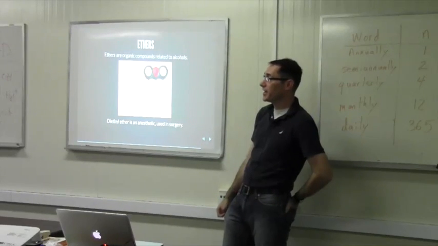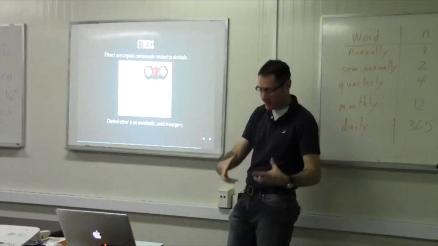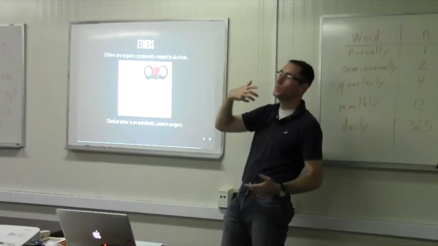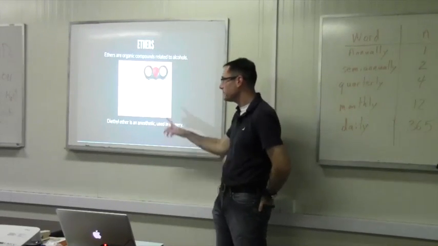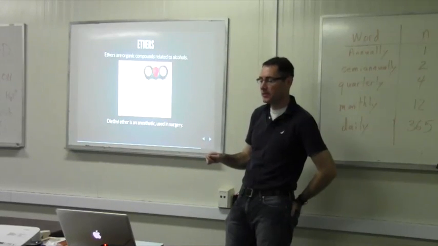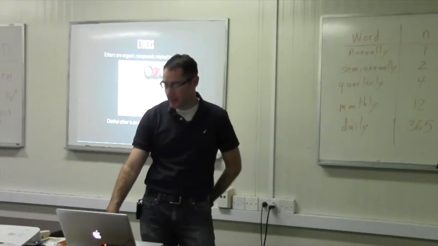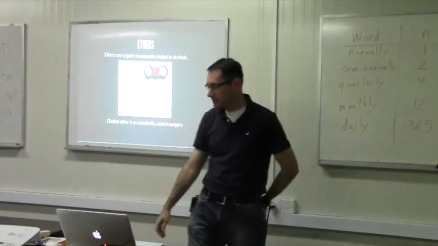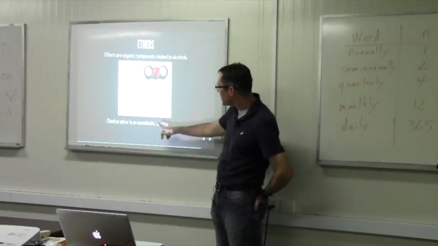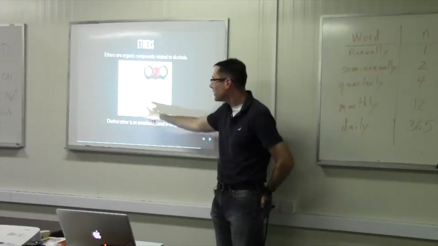If you're going to get knocked out, they might knock you out with ether. They've got that tank and they put the little mask over you and you get knocked out. It was one of the first anesthetics. Okay, looks like that. The ether part is here: carbon, oxygen, carbon, right there.